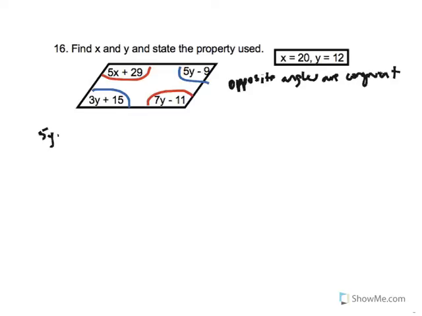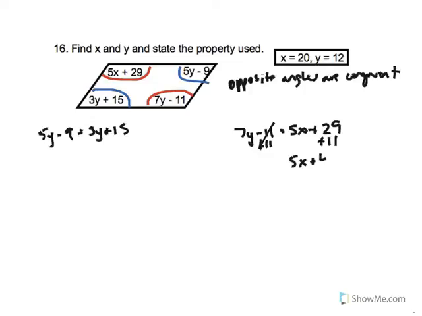We have 5y minus 9 equals 3y plus 15. Then over here we have 7y minus 11 equals 5x plus 29. Let's move this over here. I get 5x plus, let's see, 1, 2, 3, plus 40 equals 7y.